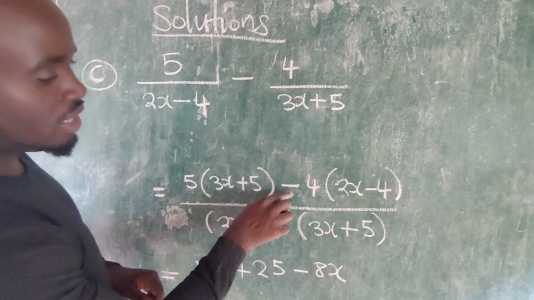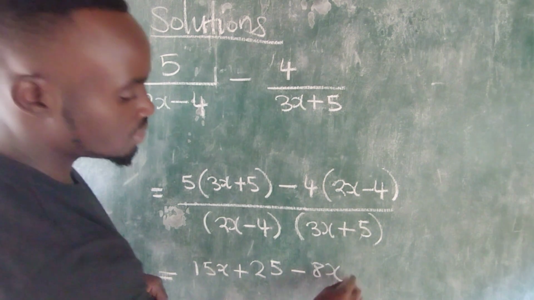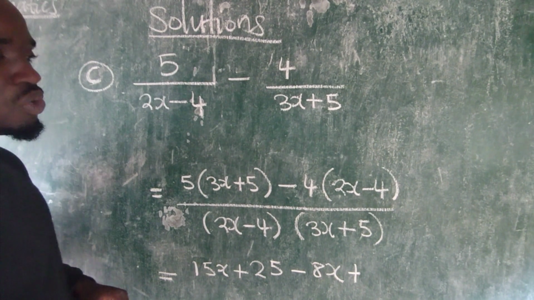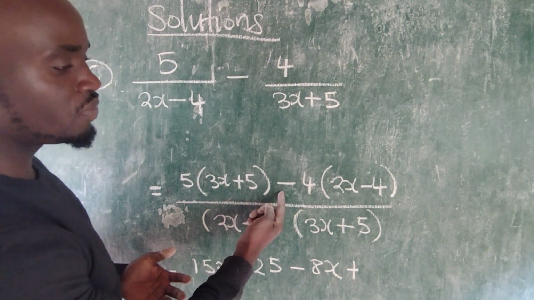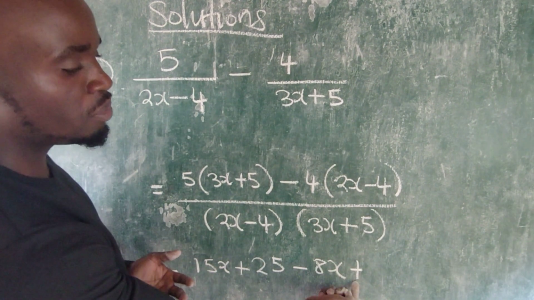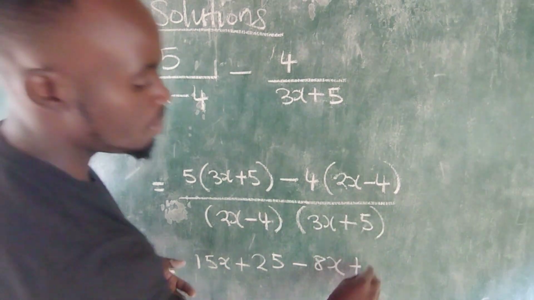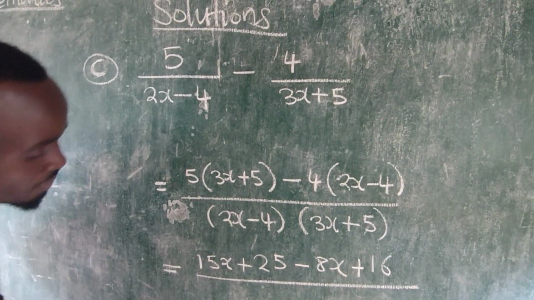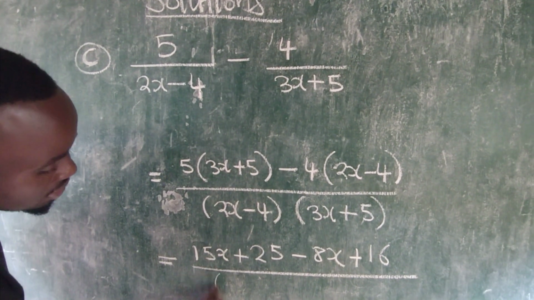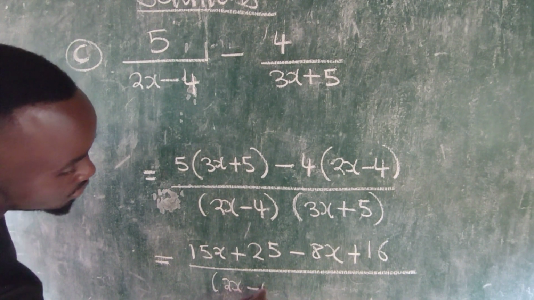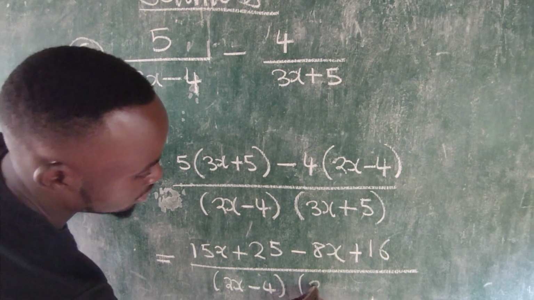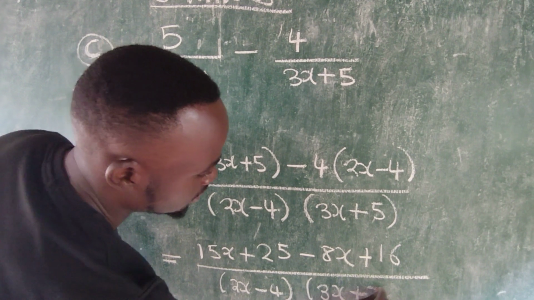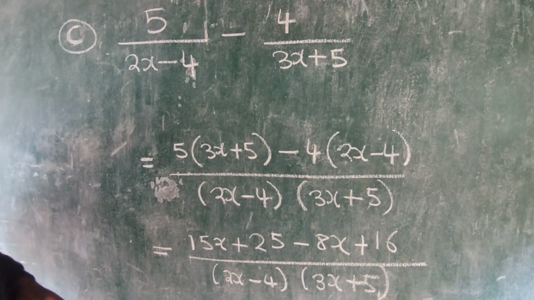Okay, then negative times this negative, you will get a positive, because we know that when you multiply a negative with a negative, you will get a positive. Then 4 times 4, 16. Okay, over, we write our same denominators there, which are 2x minus 4, again 3x plus 5, we close.